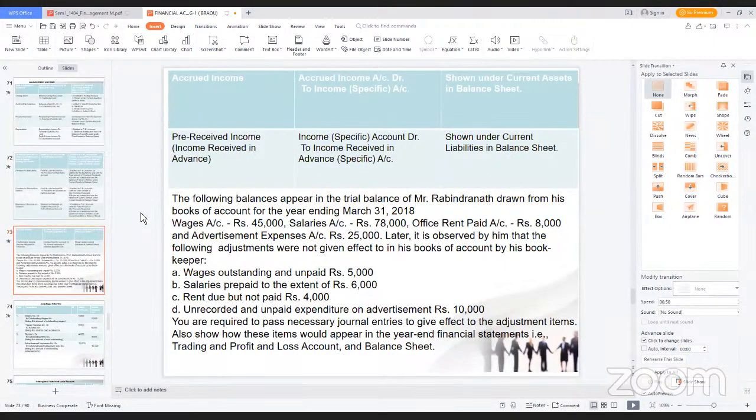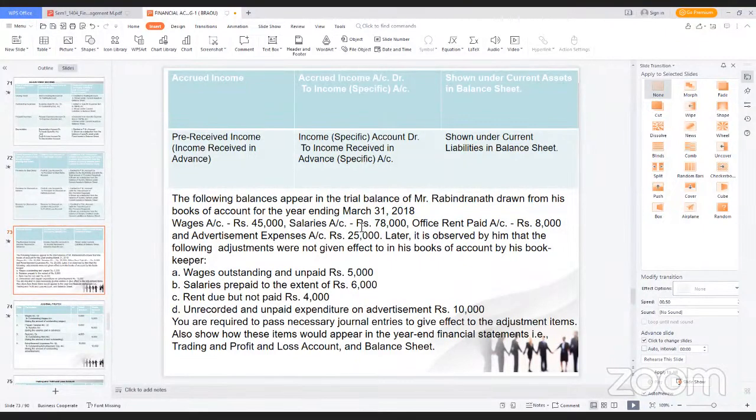The following appears in the trial balance of Ravindranath, drawn from the books of accounts for the year ending 31st March 2018. Wages are given 45,000, salaries 78,000, office rent paid 8,000, and advertisement expenses 25,000.